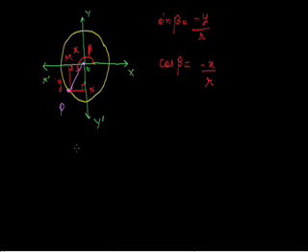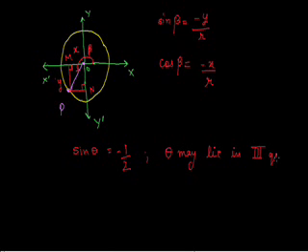So from here we can say that we were given that sin theta was equal to minus 1 by 2. So we can say that theta may lie in the third quadrant. We have divided this circle into 4 equal partitions.